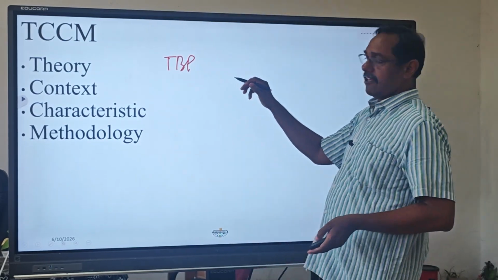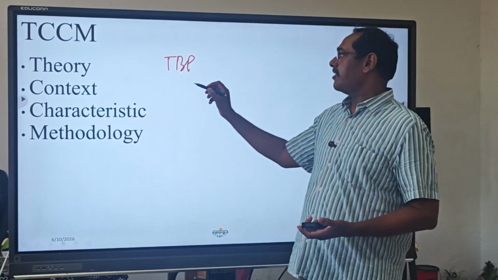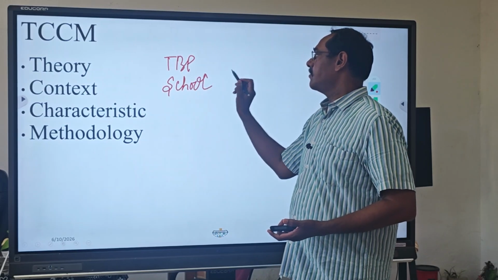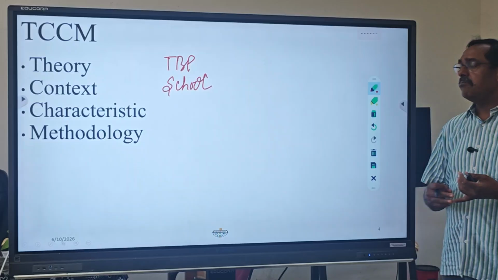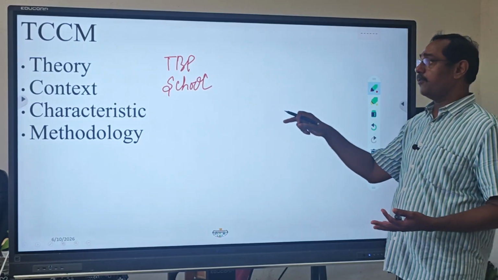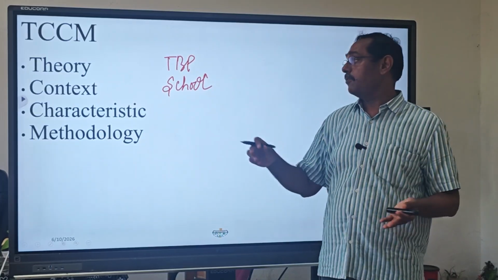This was the theory of her dissertation. And what is the context? They have taken the context as a school. So the theory behind the dissertation is the theory of planned behavior. They have taken the context in the school, not in the university or in companies, whatever.